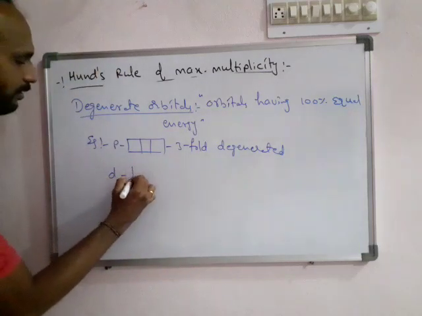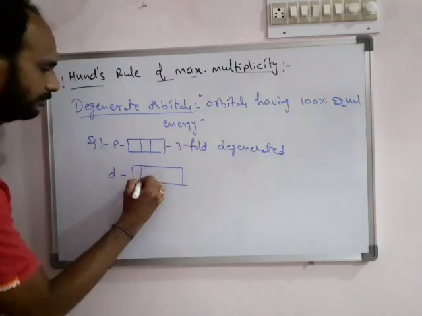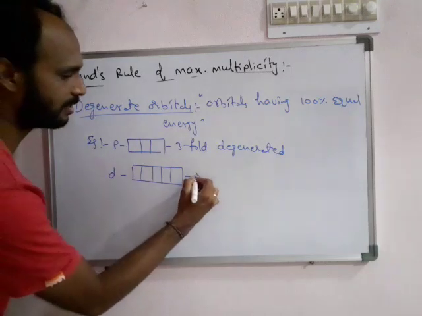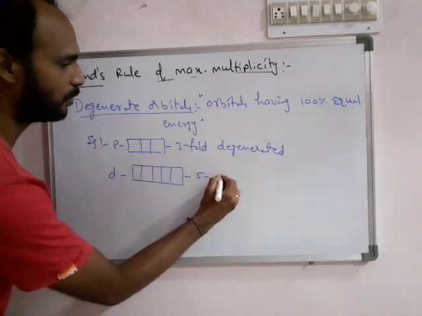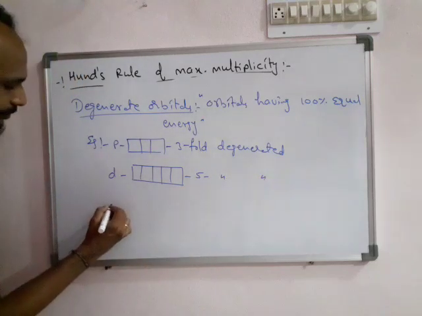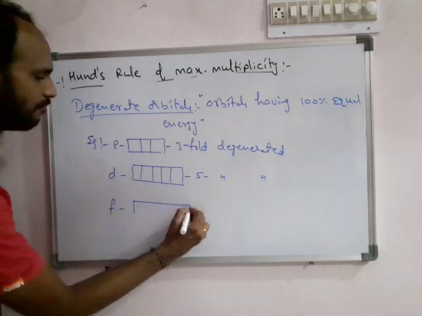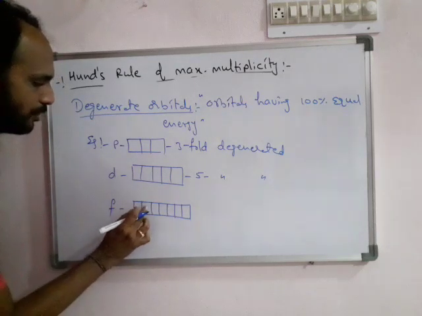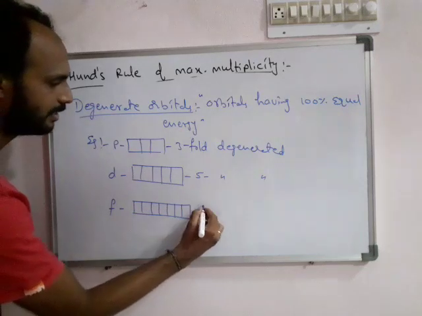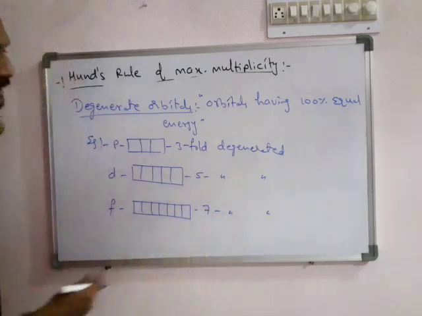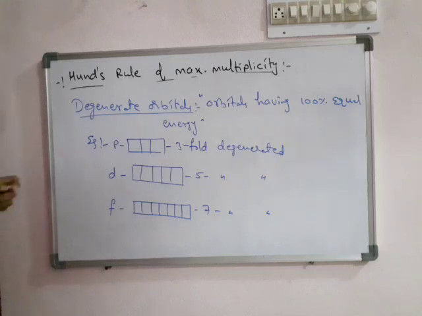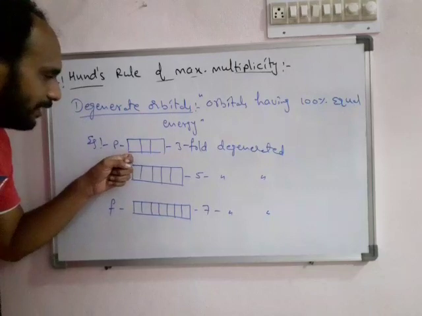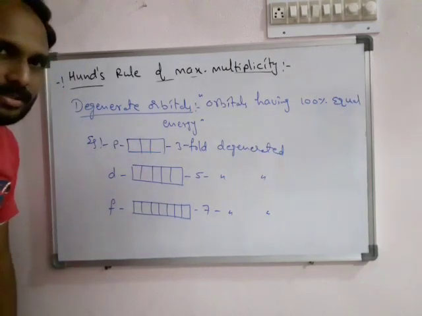For d subshell there are 5 boxes, 5 orbitals which have the same energy. That is known as 5-fold degenerate. In the same way for f we know there are 1, 2, 3, 4, 5, 6, 7, so 7-fold degenerate. So Hund's rule tells about the filling of electrons in these degenerate orbitals.